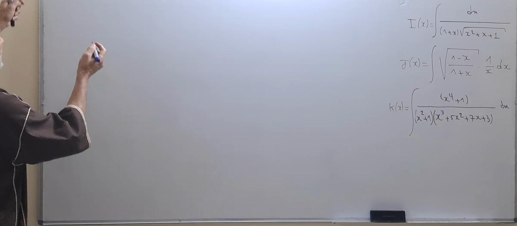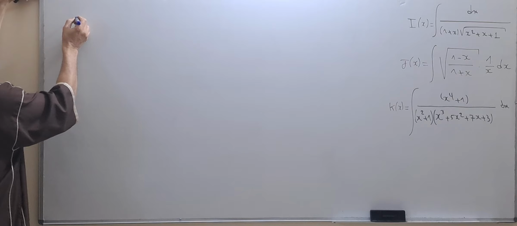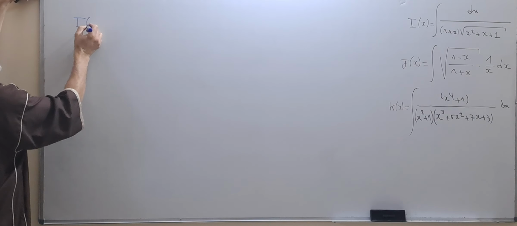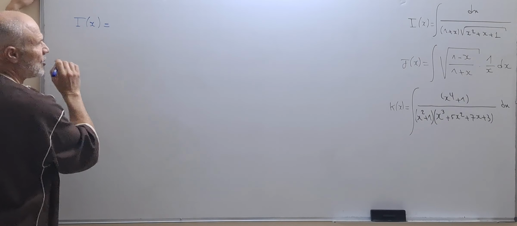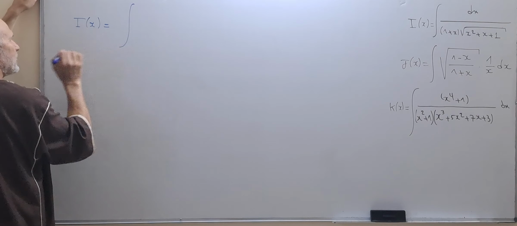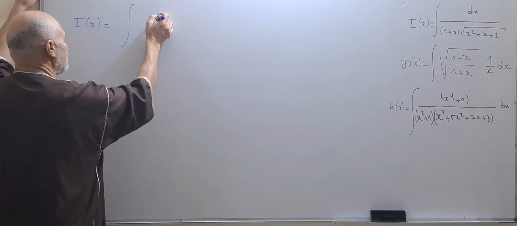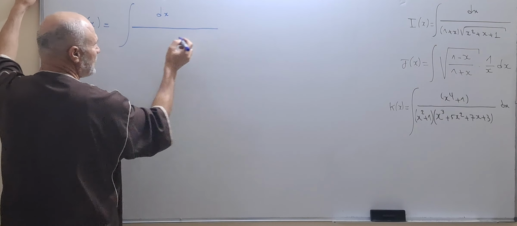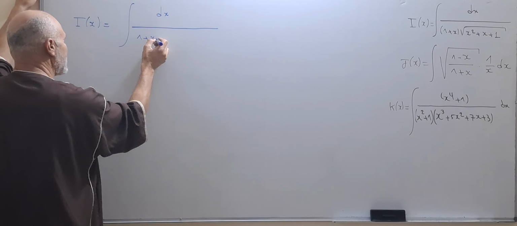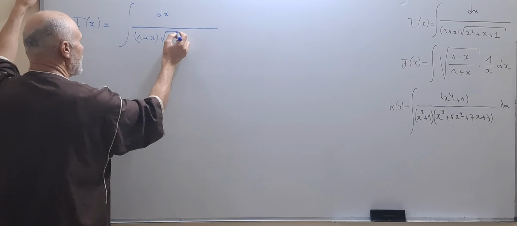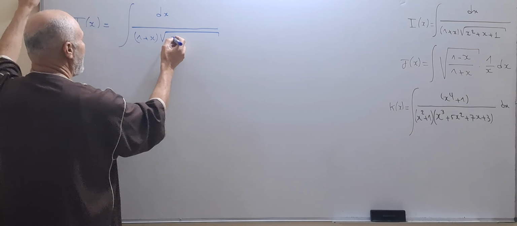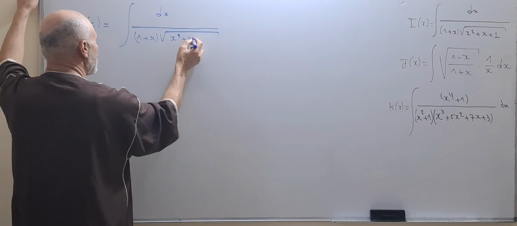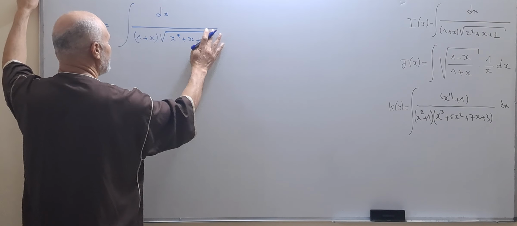For the first one, we have to integrate I of x, which is equal to dx over 1 plus x times the square root of x squared plus x plus 1.